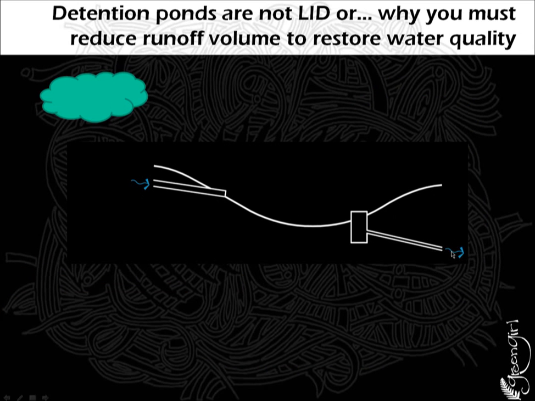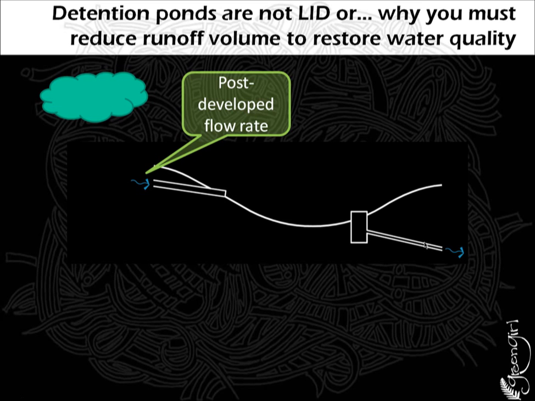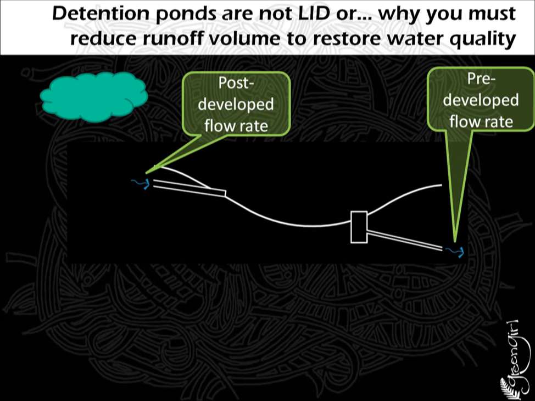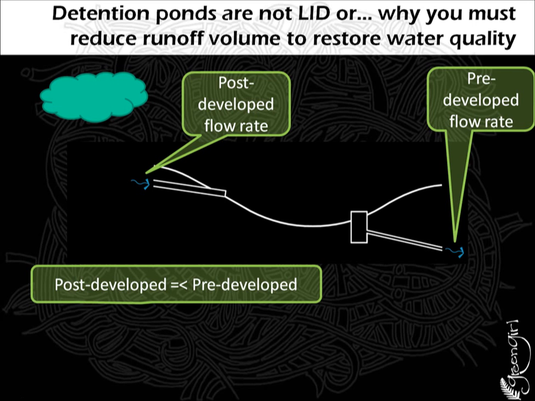So let's say that the peak rainfall in the pre-developed looks like this size flow, and that's what's allowed to flow off the site and continue out. And as long as the post-developed flow isn't exceeding the pre-developed flow, water comes into the detention basin and goes right out. And there we go, post-developed is less than or equal to the pre-developed.